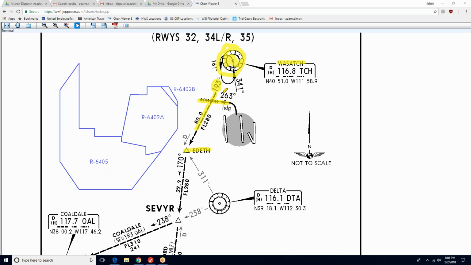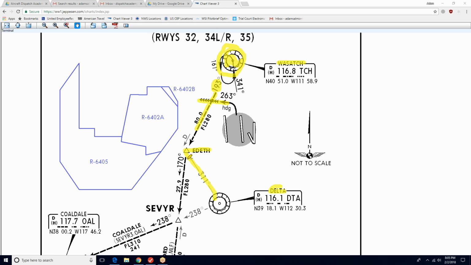So they turn left and start flying outbound on the 193 radial from the Wasatch VOR, heading towards this Edith intersection. They'll know they get to Edith because they're flying on the 193 radial, and as soon as they intercept this 311 radial coming off of the Delta VOR, they know that's where that intersection is.